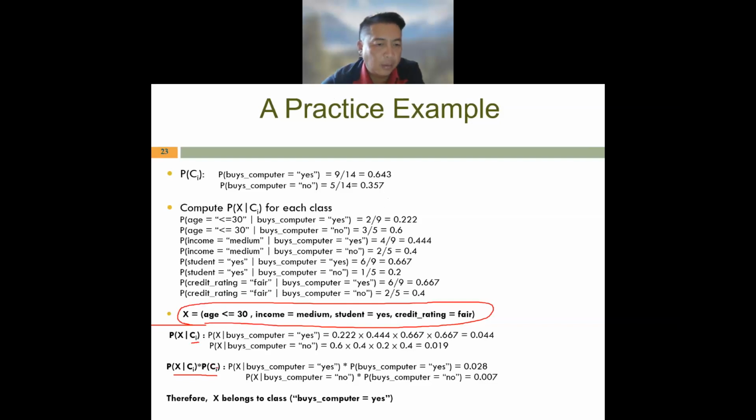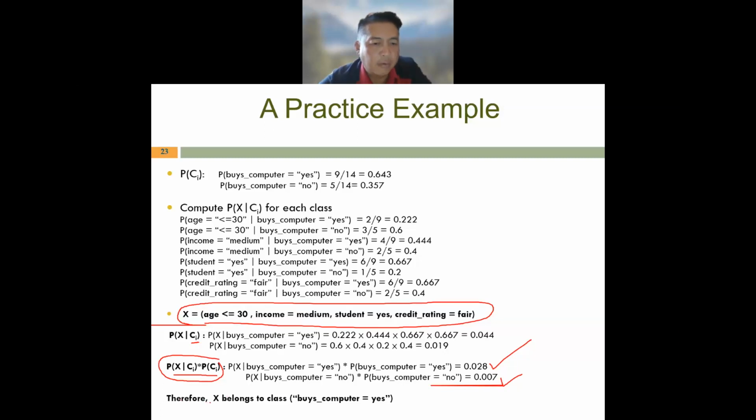So basically we are computing this one. We did not compute the total probability at the bottom there because they are the same for both cases. Okay, so when we compute this one, this one is higher than the second class.